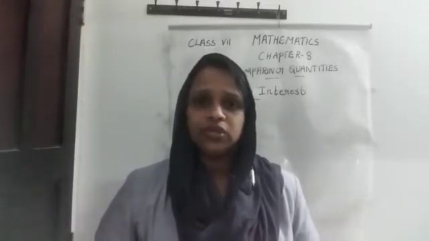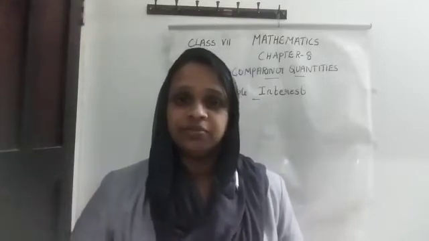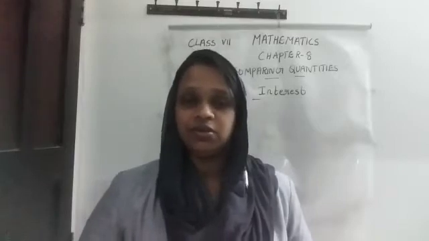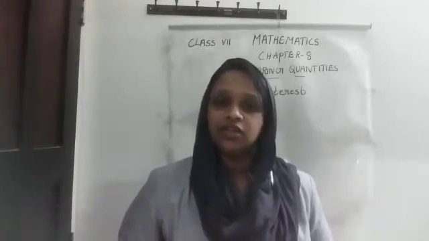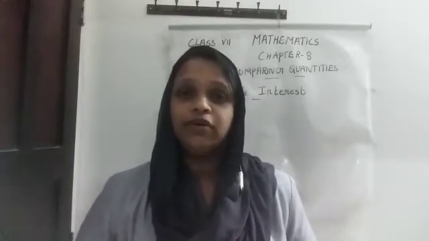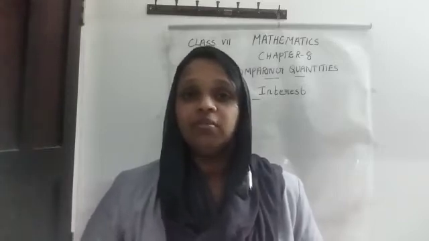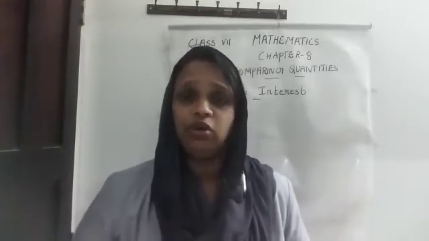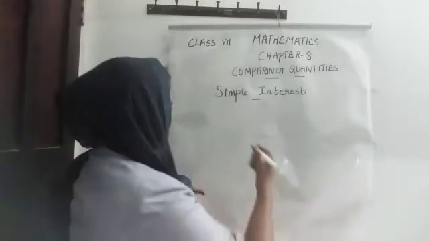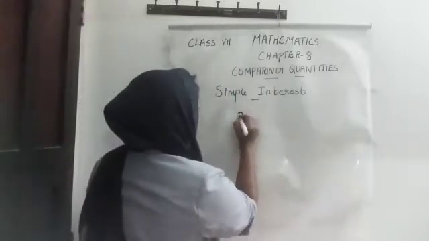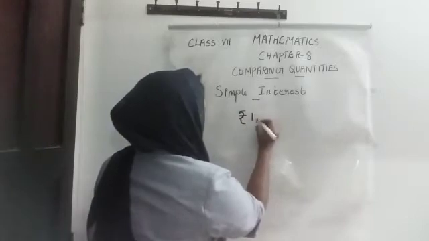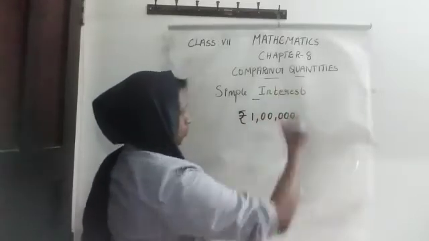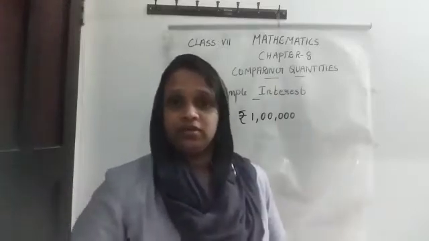So we don't know what the principal amount is, right? We can explain it by using an example. Think that you are going to a bank for taking a bike loan of rupees 1 lakh.